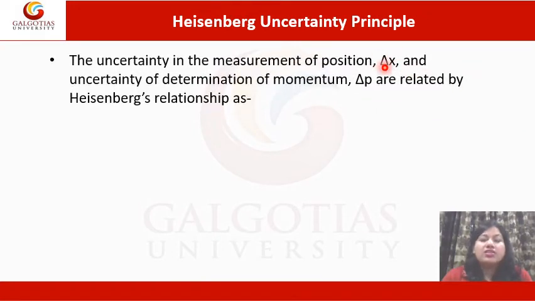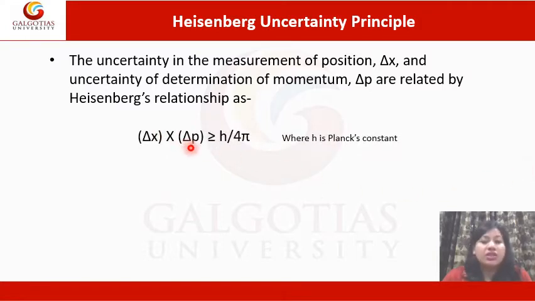Delta x stands for the uncertainty in the measurement of position and delta p stands for the uncertainty in the determination of momentum. They are related by Heisenberg's relationship as delta x multiplied by delta p is greater than or equal to h upon 4 pi, where h is Planck's constant.